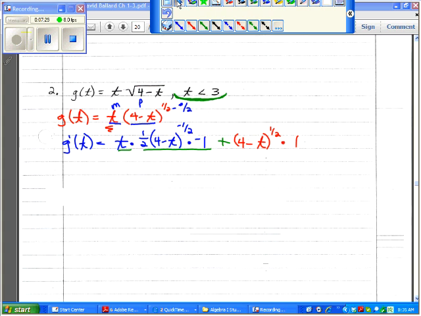Okay. Now, if we're going to set something equal to 0 and solve, whatever is set equal to 0 needs to be factors.